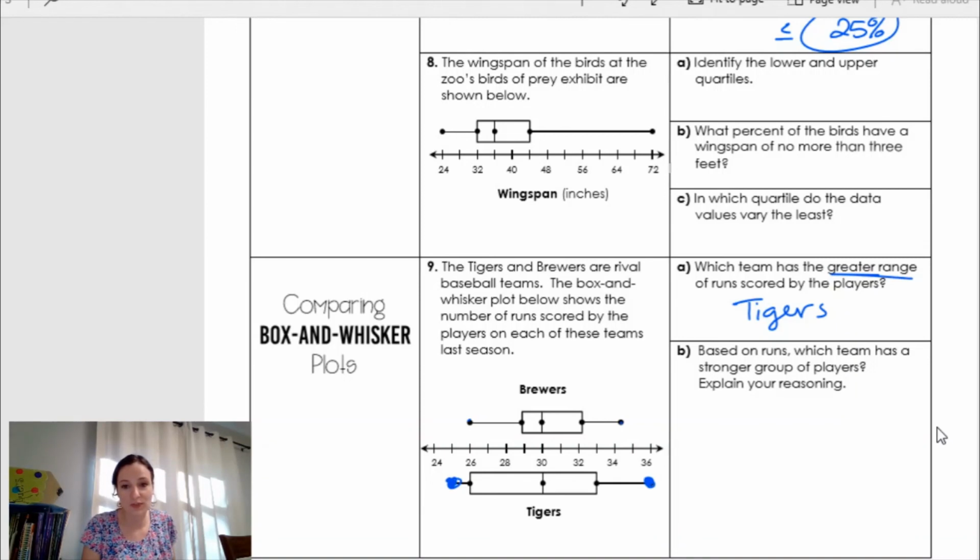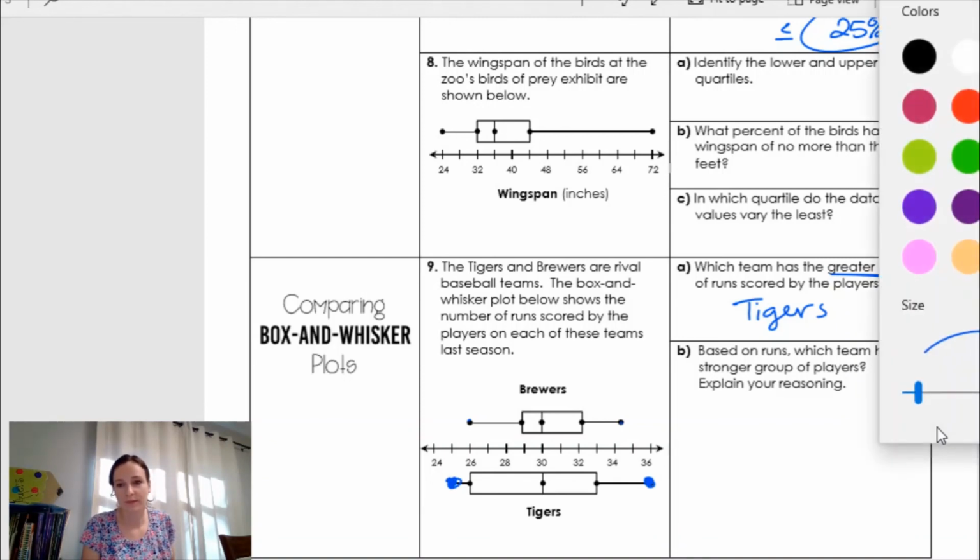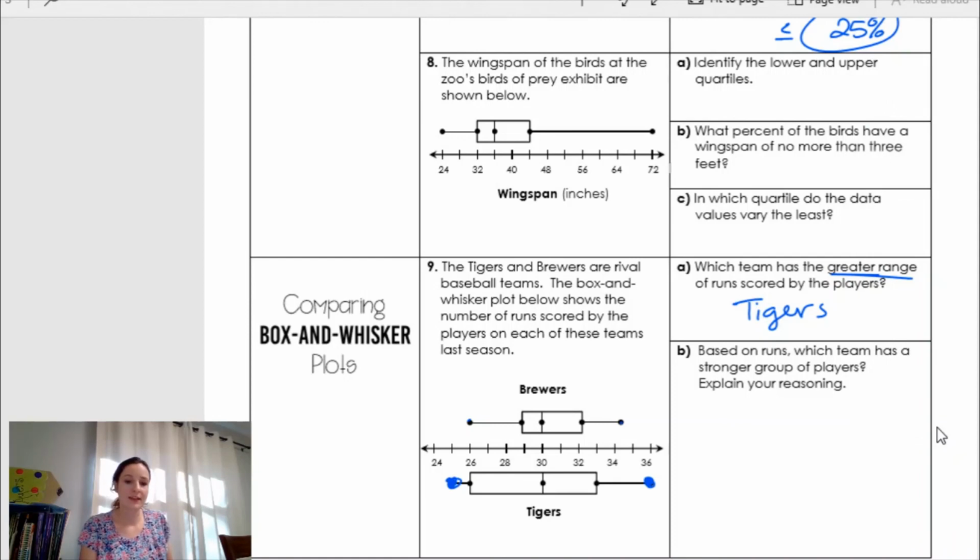Based on the runs, which team has a stronger group of players? So for a stronger group of players, we're going to be thinking about which team has the most players that score higher points consistently. So notice here that the Tigers, 50% of theirs scored between 26 and 32, right? So they mostly scored between 26 and 32 points.